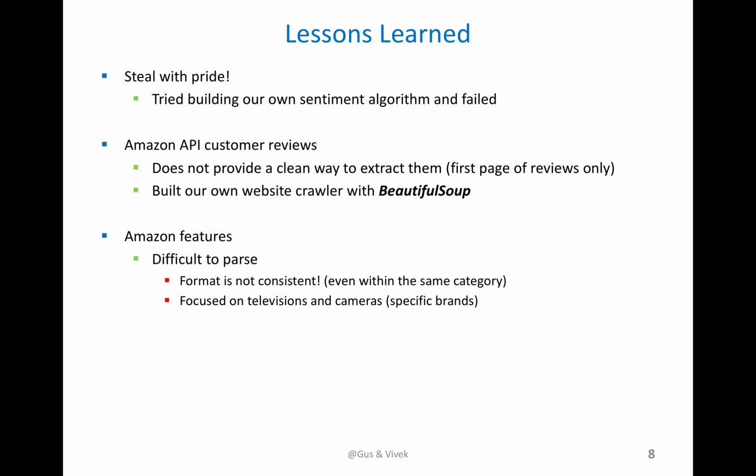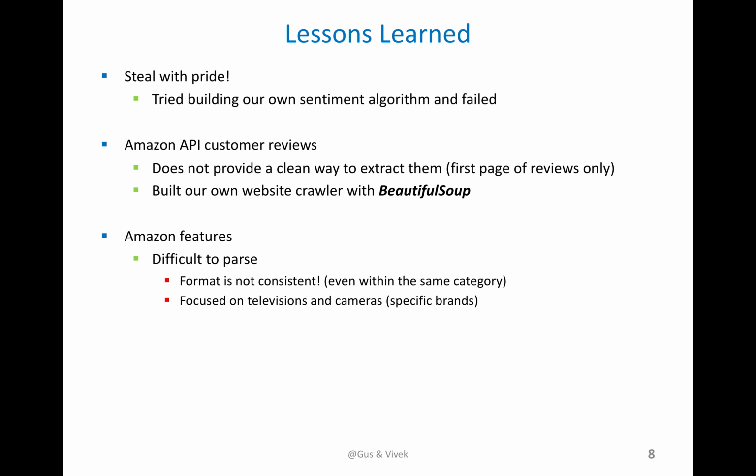The third aspect, which also pertains to Amazon's API, is that the format of the product features is not consistent, even for products within the same category. I think they give a ton of liberty to manufacturers and retailers to put in the information that they feel is relevant.